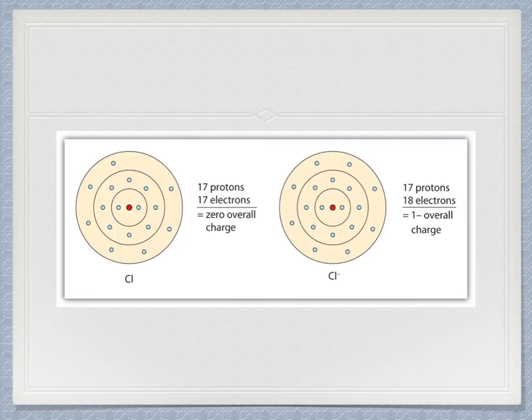So it's got 1 more negative charge than it had before. So we say that chlorine atom, when it gains an electron, forms a chloride ion. So its outer shell or outer orbital is full, and it's gained an electron in order for this to happen, so it's formed a negative ion.